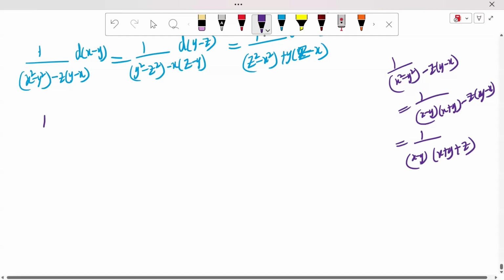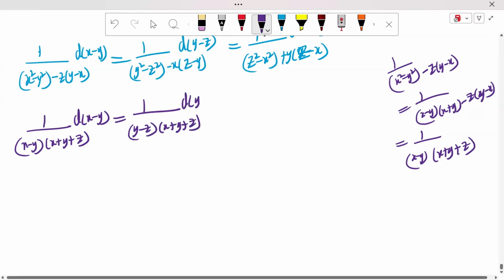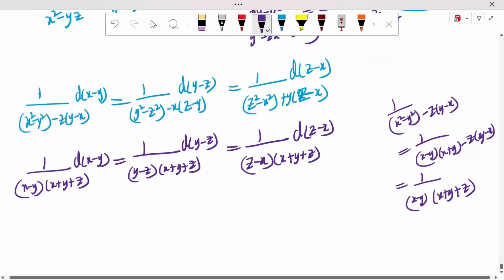So this fraction can be written as x minus y into x plus y plus z into d of x minus y, equal to y minus z into x plus y plus z into d of y minus z, equal to z minus x into x plus y plus z into d of z minus x.